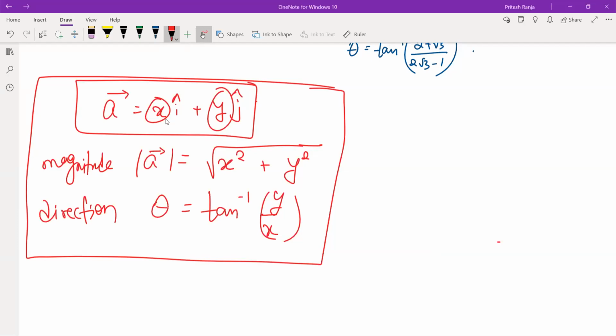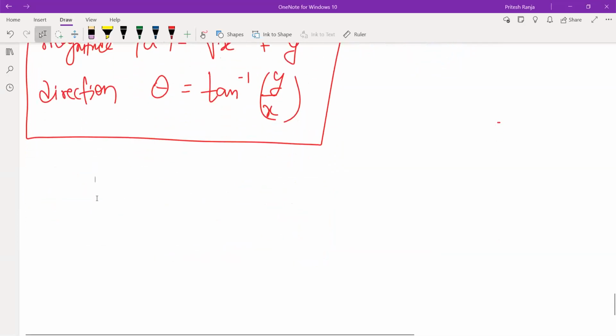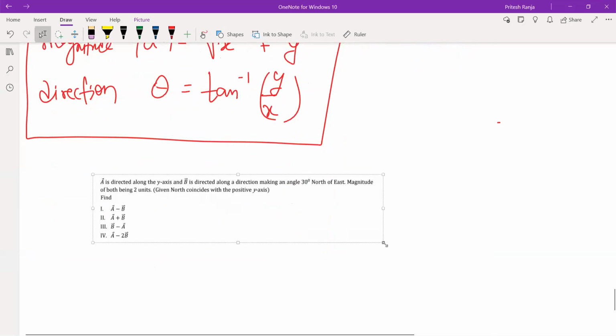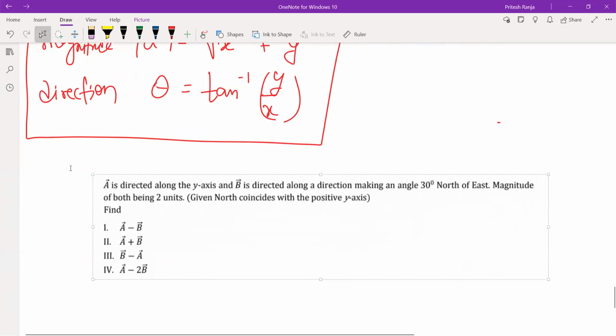Okay, so let us move to the next one. We don't have to do all of it, we will do one or two. So let's do number 1.